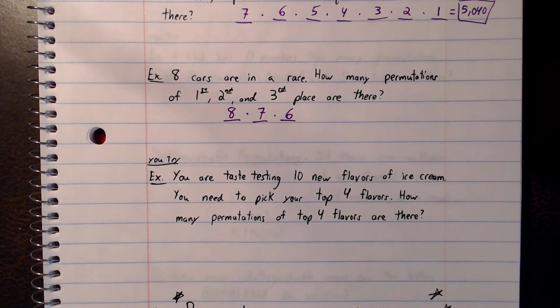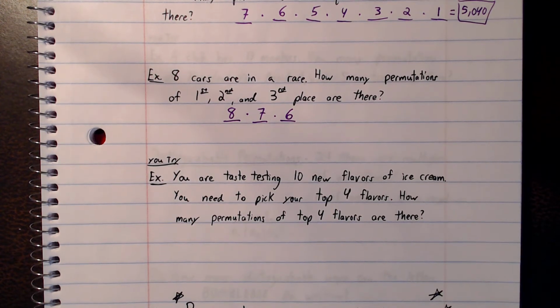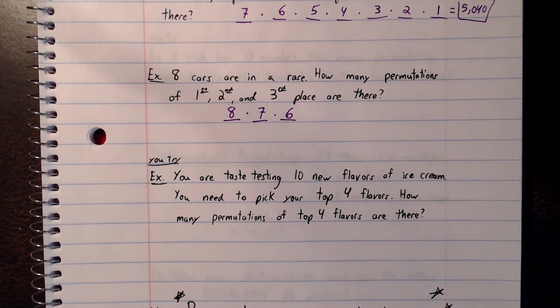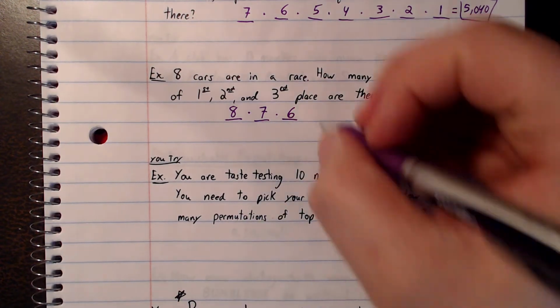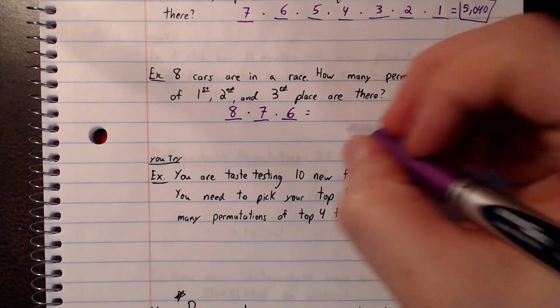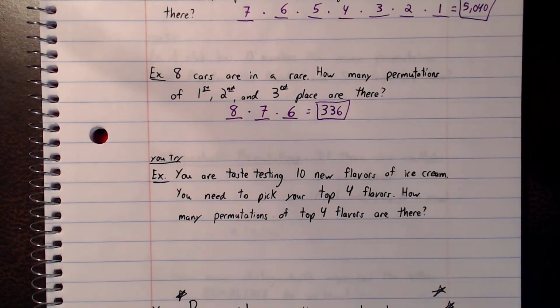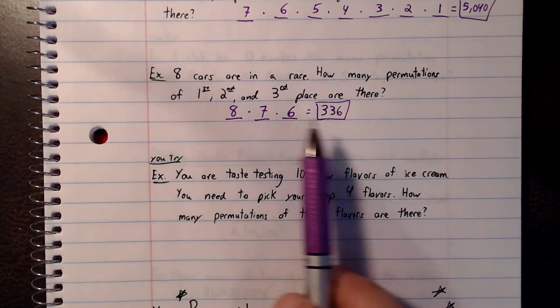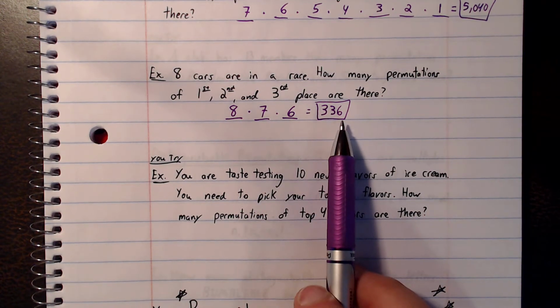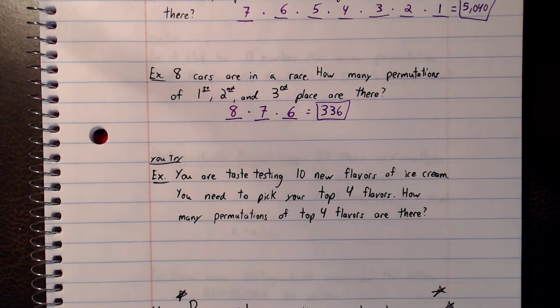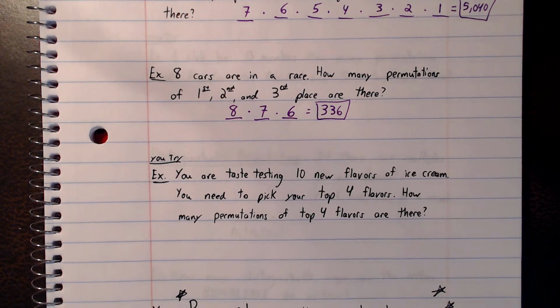Now, I don't care about 4th place or 5th place. They're only asking about first, second, and third. So these are the numbers that I need to be multiplying for my permutation, and we end up with 336. So 8 cars, we could have 336 different first, second, and third place finishers.